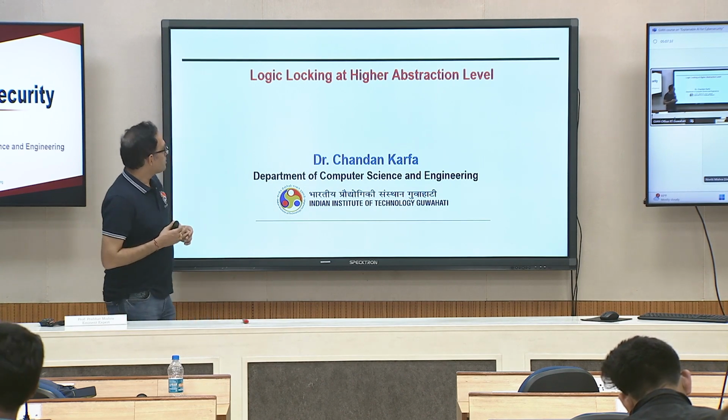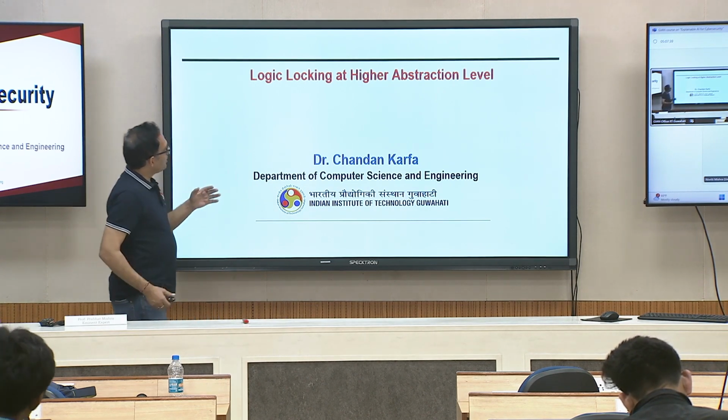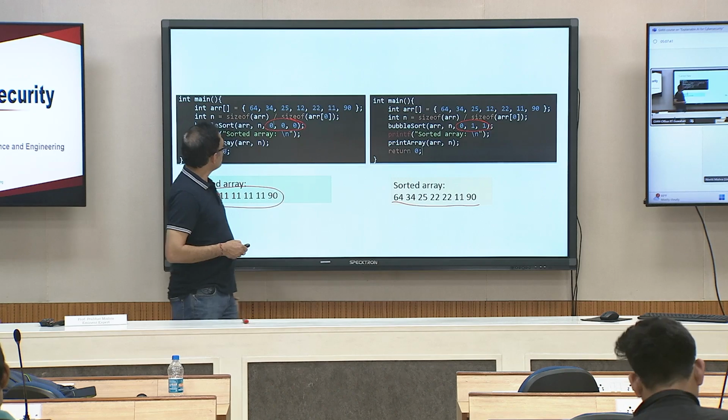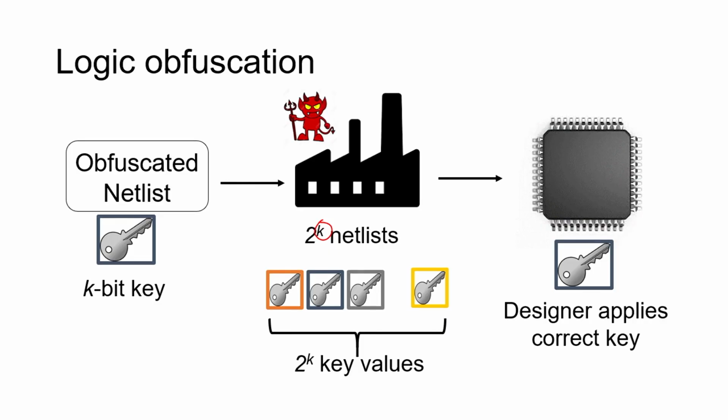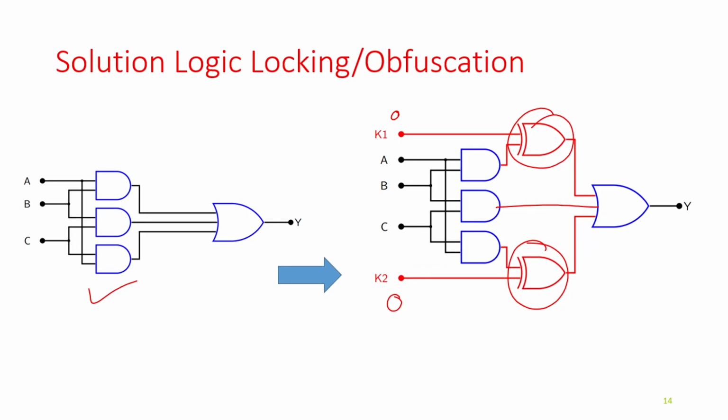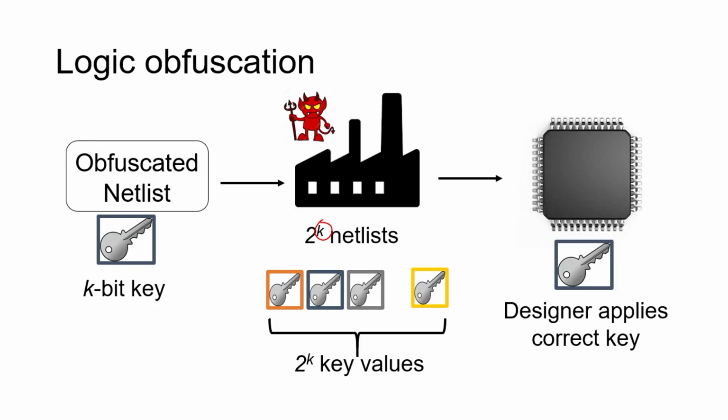Before the break I talked about this logic locking concept, that you have this circuit, and the circuit is locked with additional keys. So, if you have this additional key, this is K1 and K2, the key.